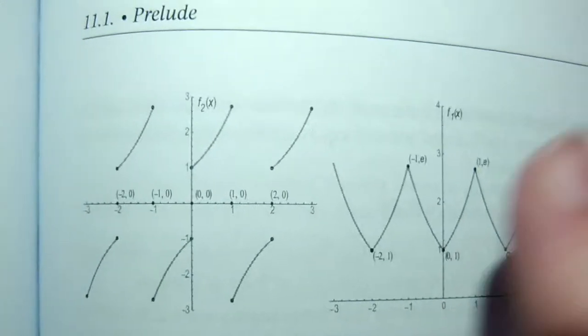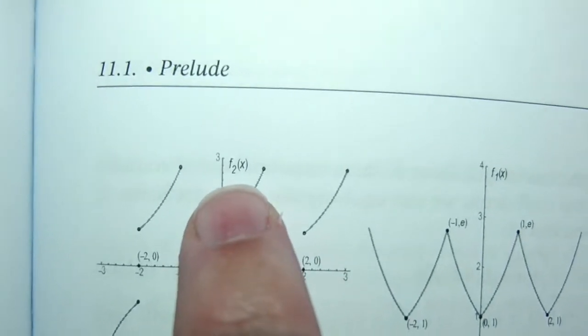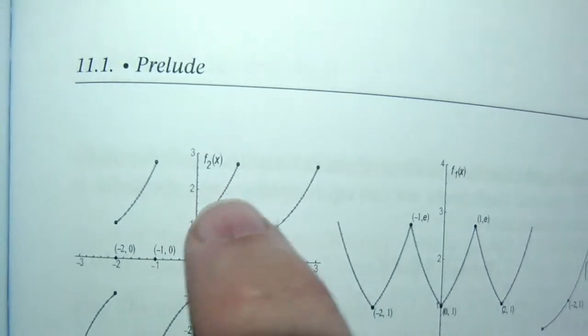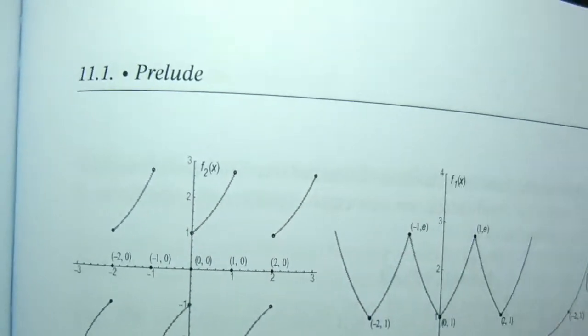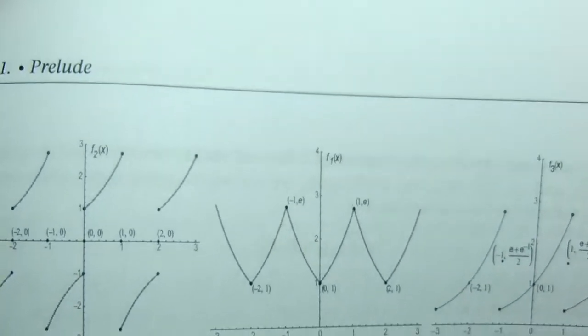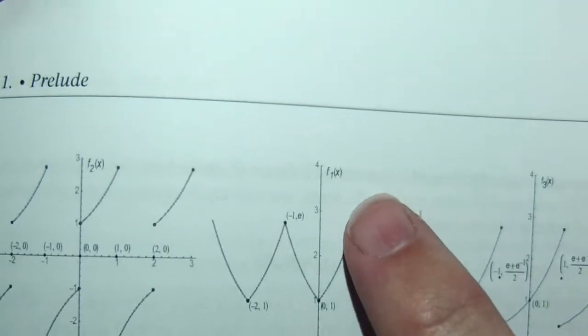So let me zoom in here. The cosine series looks like this. From 0 to 1, of course, this is e to the x. Oh wait, wait a minute, these have been mislabeled here.